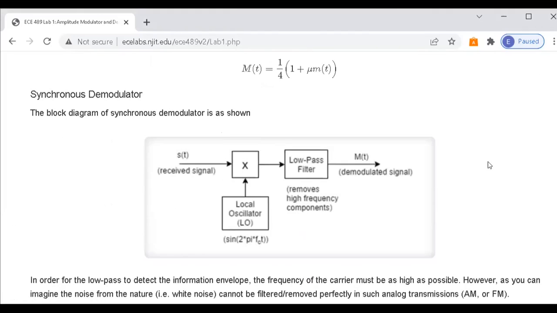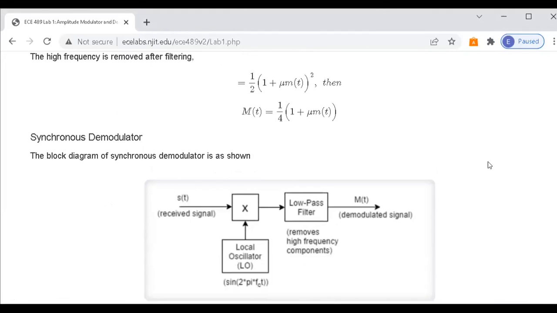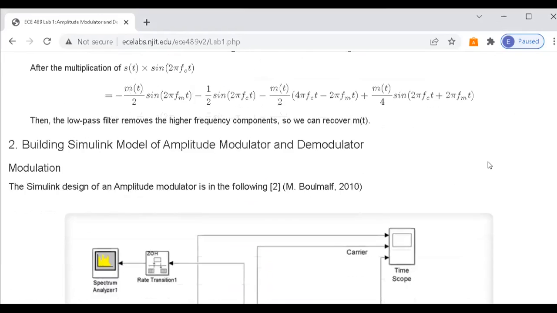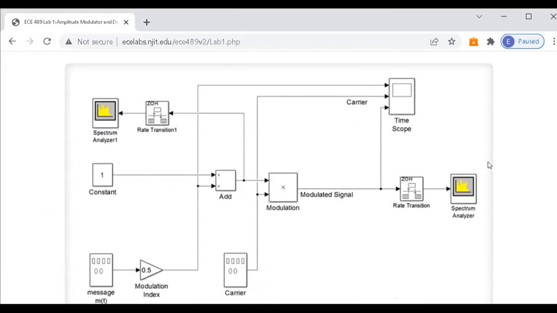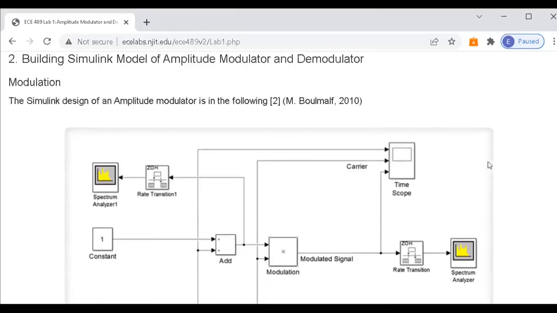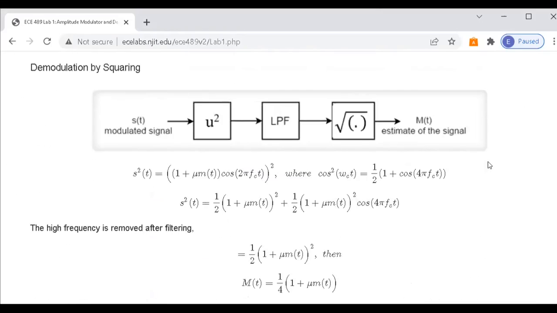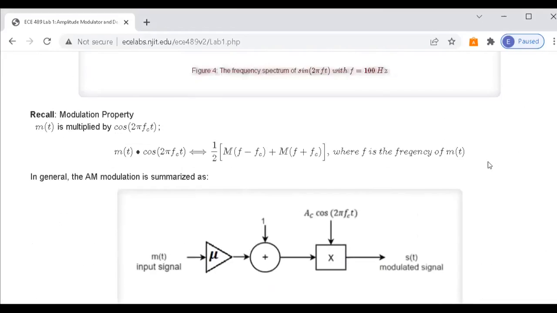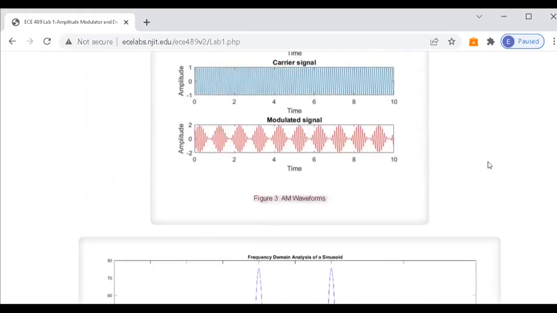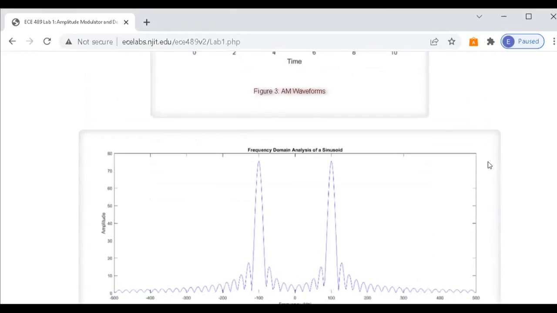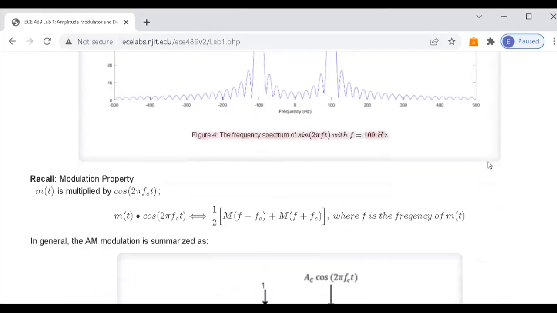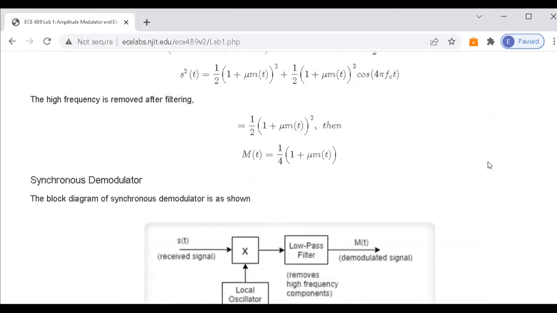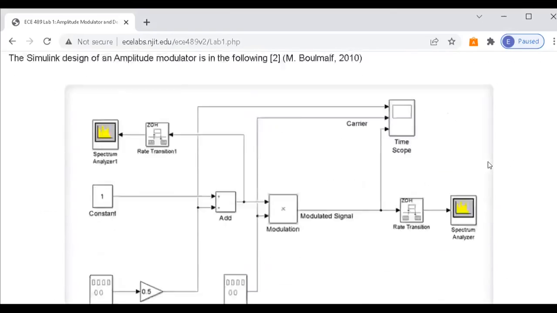Essentially, it's like you would be building this circuit in the lab, but you're just building it in the simulator, right? And it will show you when you make the adjustment what your modulated signal looks like.